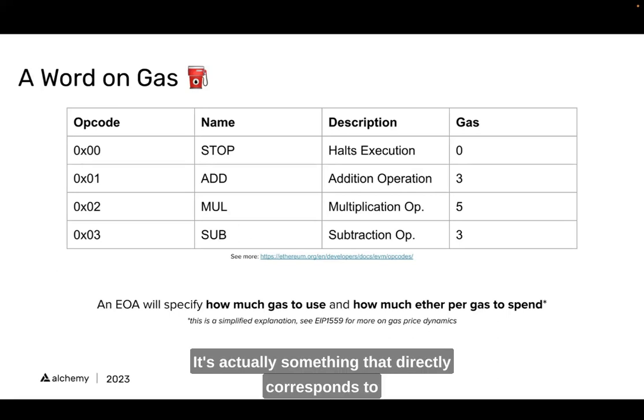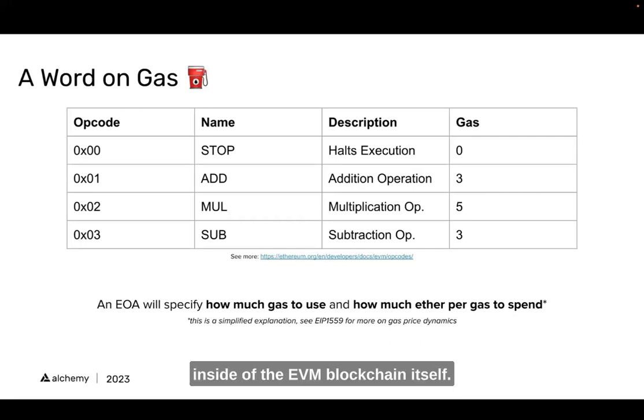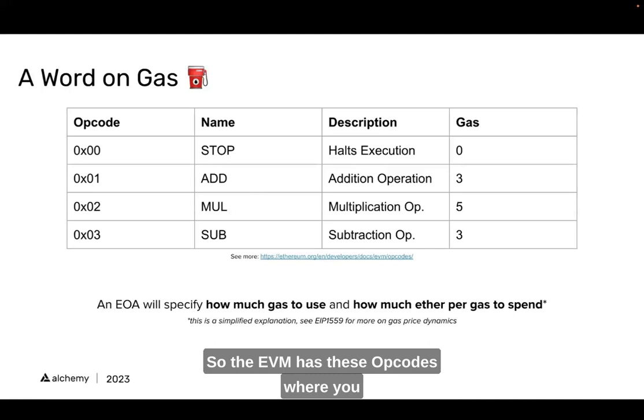It's actually something that directly corresponds to the low level operations called opcodes inside of the EVM blockchain itself. So the EVM has these opcodes where you can do low level operations like adding two things together. And most of the time, smart contract developers don't even program at this level.